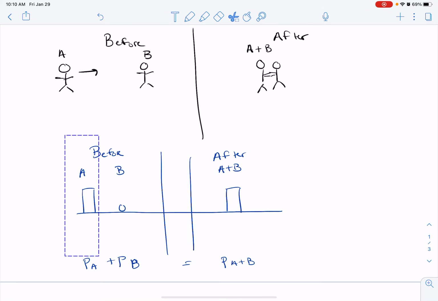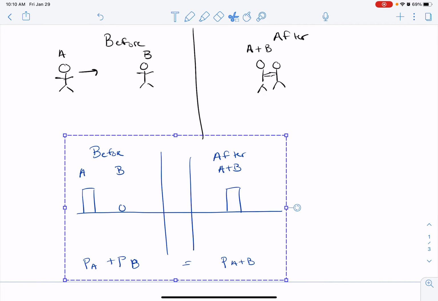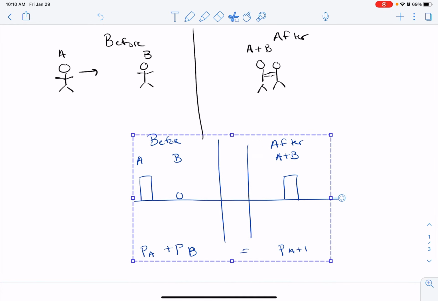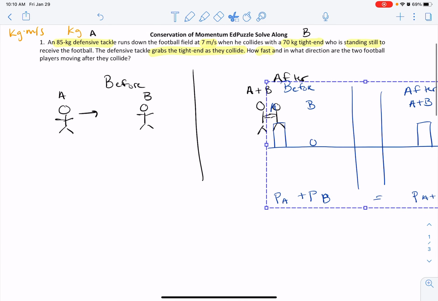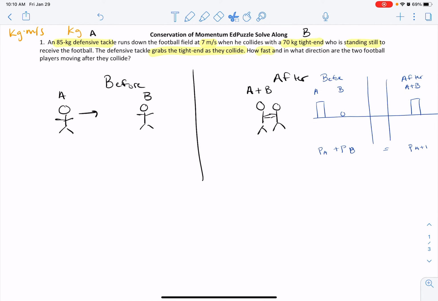I'm just going to move this over. Oops, made it a little too big. Just going to take this and move it over here, and make it a little smaller. All right, perfect.